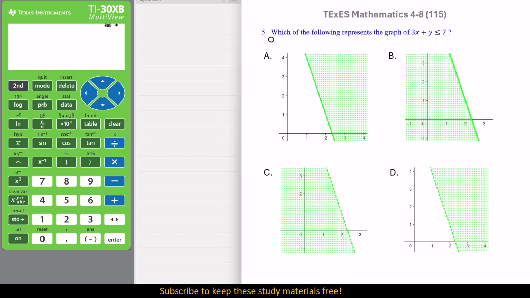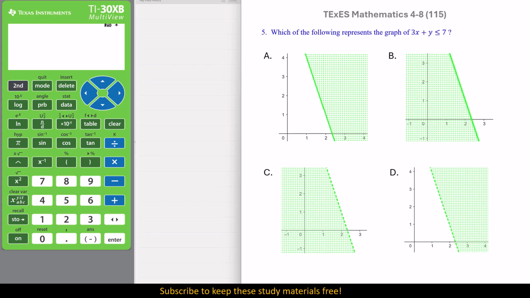In question number 4, it came up the difference between a solid line and a dashed line. A solid line is for the less than or equal to, or the greater than or equal to. A dashed line is only less than or greater than.